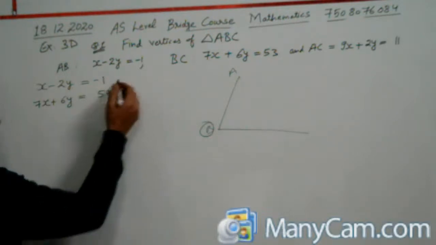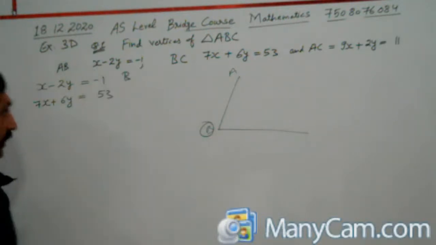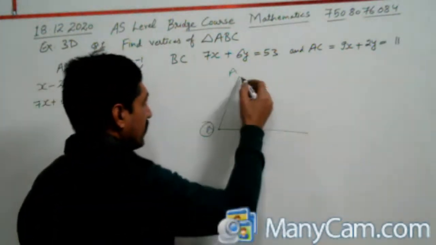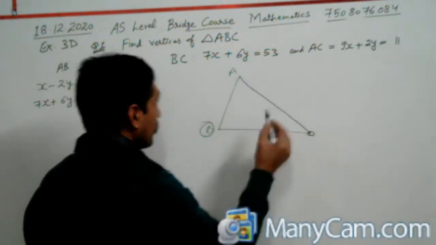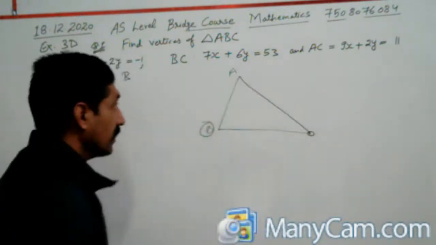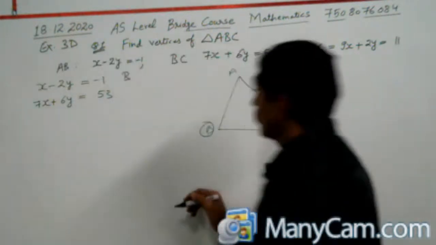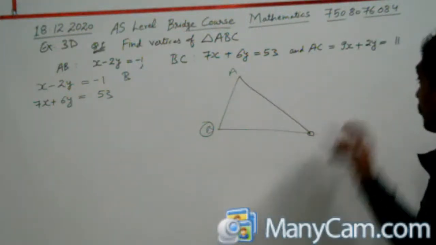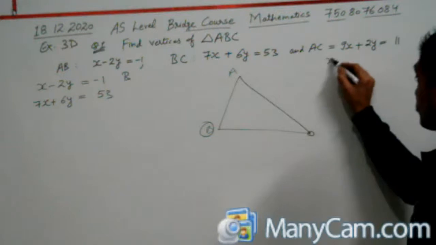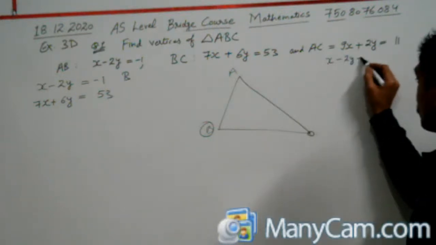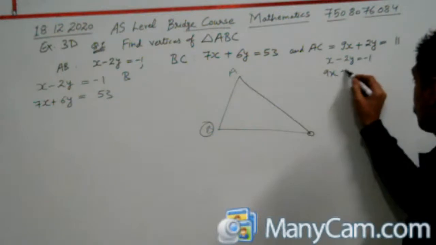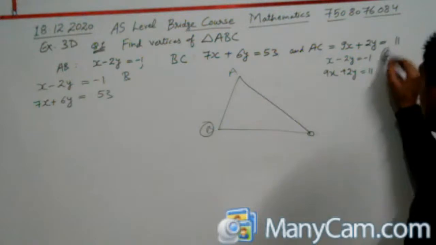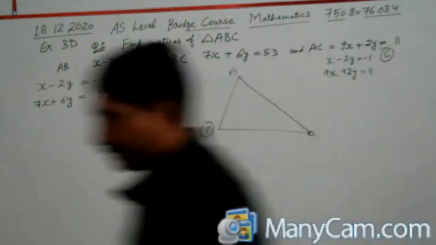This will give the coordinates of point B. Second, when we take BC and AC, it will provide the point C. The third is AB and AC, x minus 2y is equal to minus 1 and 9x plus 2y is equal to 11, which will provide the point A.